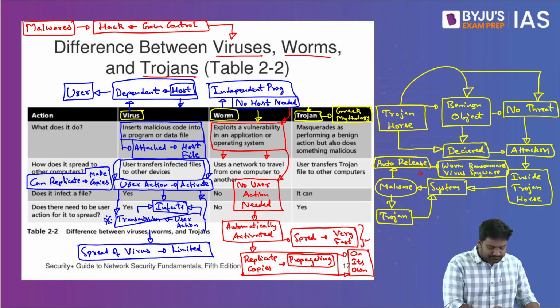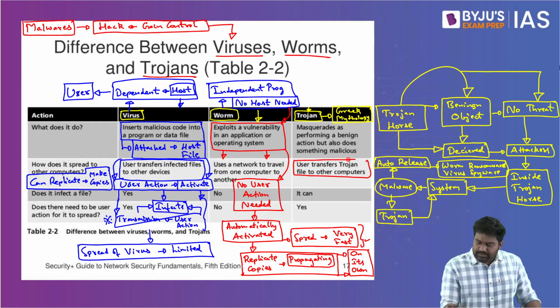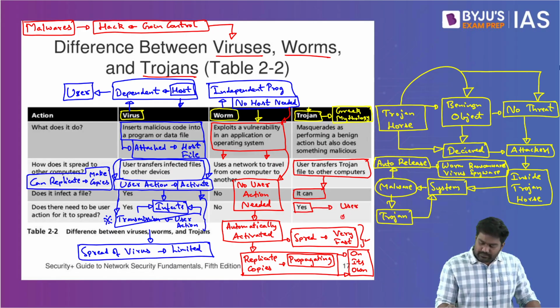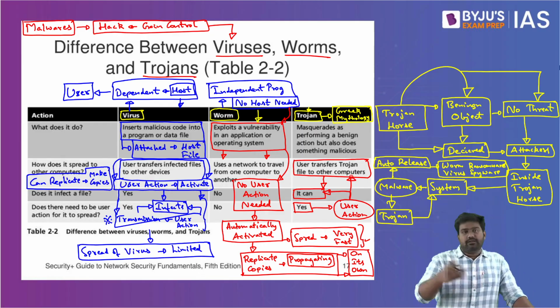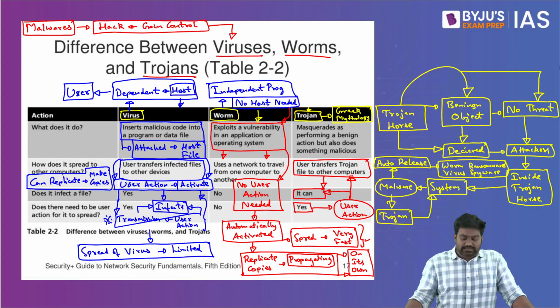All right. Trojans can be transferred by user action again. It can infect other files, and user intervention could be needed for its spread. User action might be needed. Just like a regular virus, some user action will be needed, right, where it propagates through the network and through other systems.